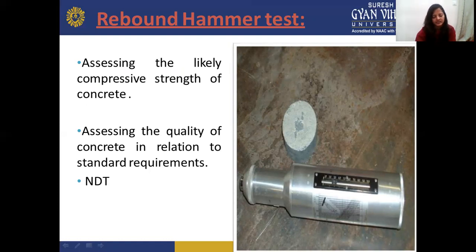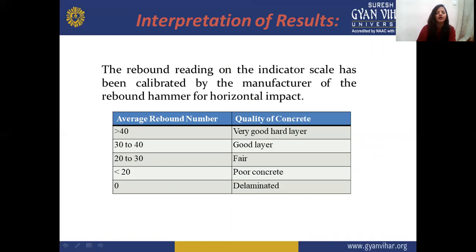And it is a non-destructive test method. The rebound reading on the indicator scale has been calibrated by the manufacturer of the rebound hammer for horizontal impact. So it is usually designed for a horizontal impact, whereas we can also conduct a vertical impact as well. The readings might have a bit of error, which can be easily calibrated.